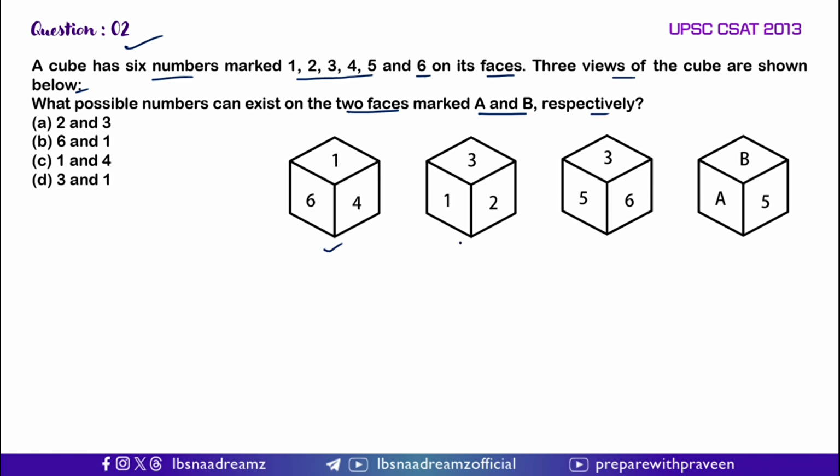So these 3 images they have given, and we have to find what possible number can exist on the 2 faces marked A and B. See, like we saw in the first question, we have to take one image as the reference one. So let us take this image as the reference image, okay, and one as common.